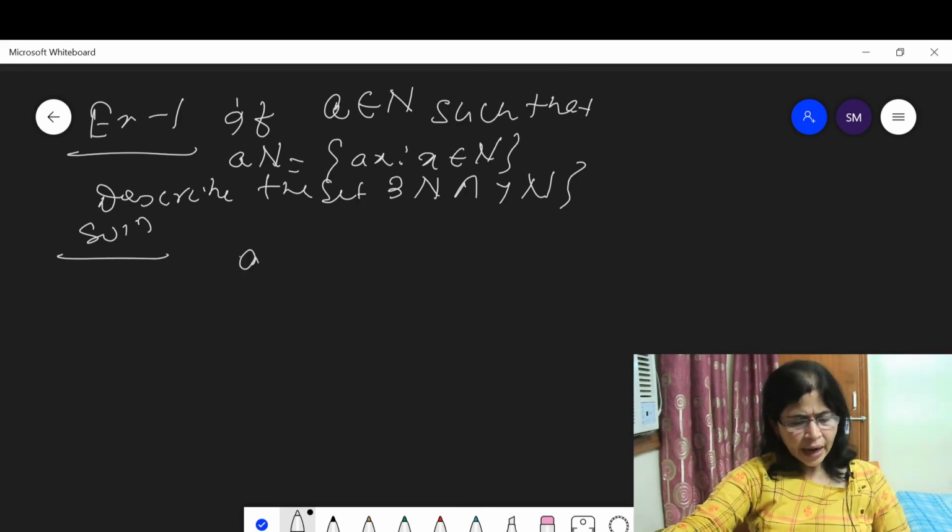Here aN is equal to {ax such that x belongs to N}, x is the natural number.